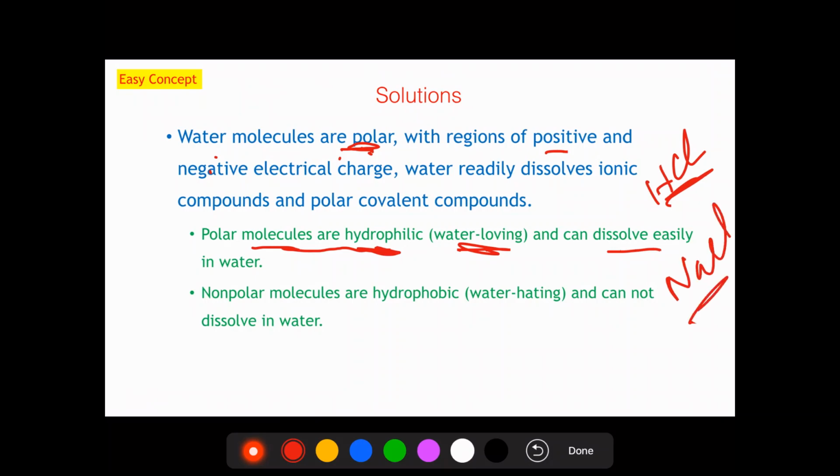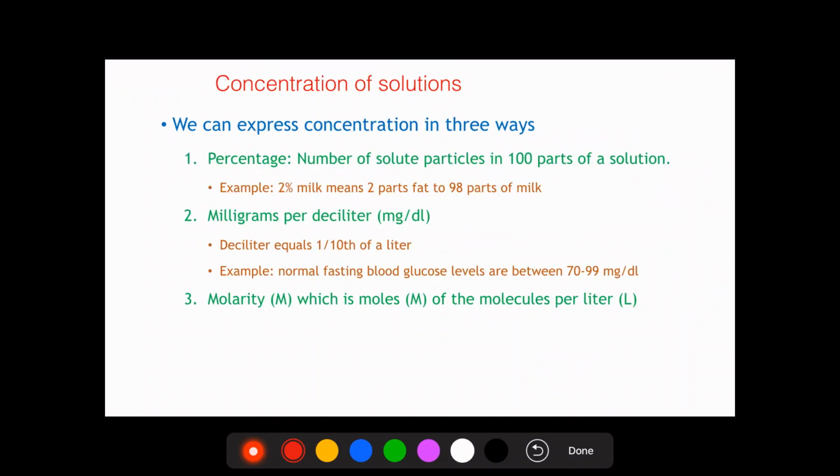NaCl, the salt, can dissolve easily in water. But non-polar molecules are hydrophobic. They don't like water and can't dissolve in it, like oil, for example. Oil would always run away from water. Okay, so polar molecules are hydrophilic, and non-polar molecules are hydrophobic.